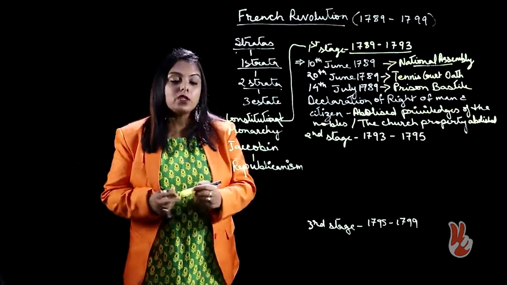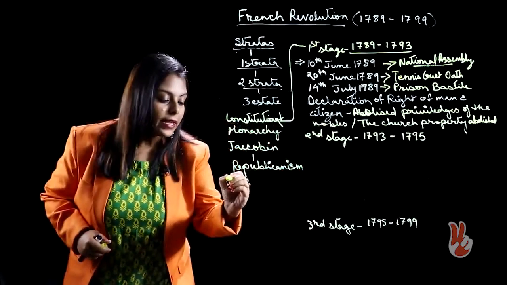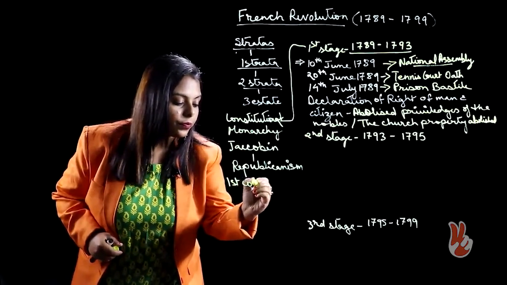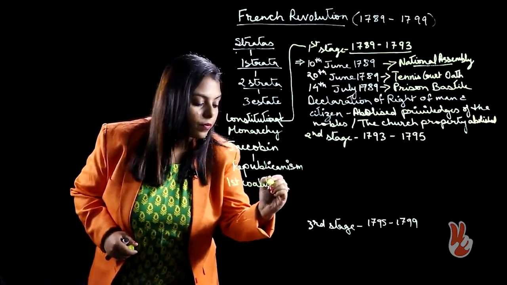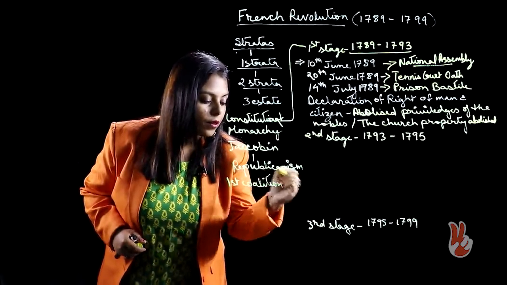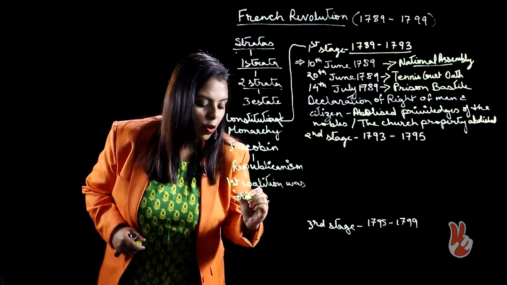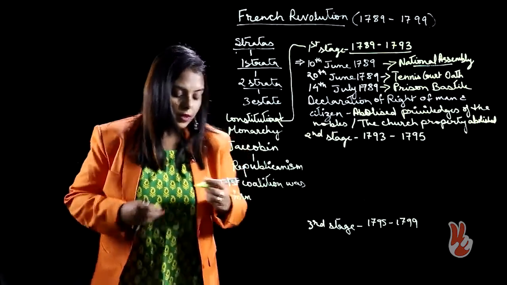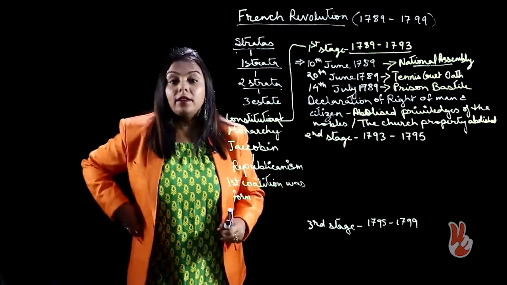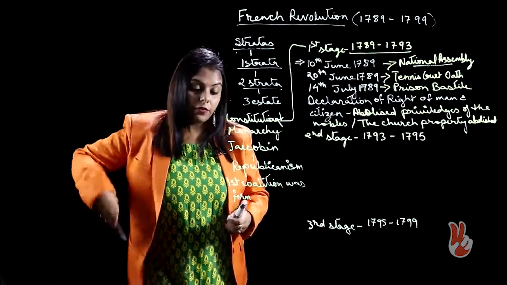That's why the First Coalition was formed against France. It had Rome and Prussia in it.